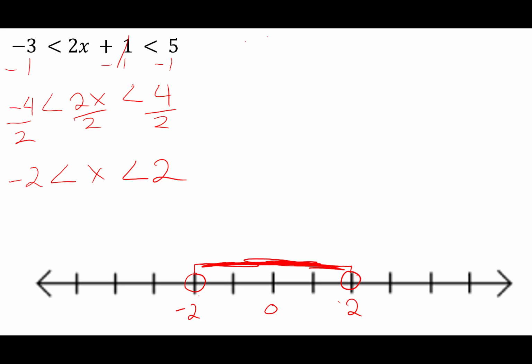Now remember, I can split this into two equations. So I could get -3 is less than 2x plus 1, and 2x plus 1 is less than 5. And I would still solve them the same way.